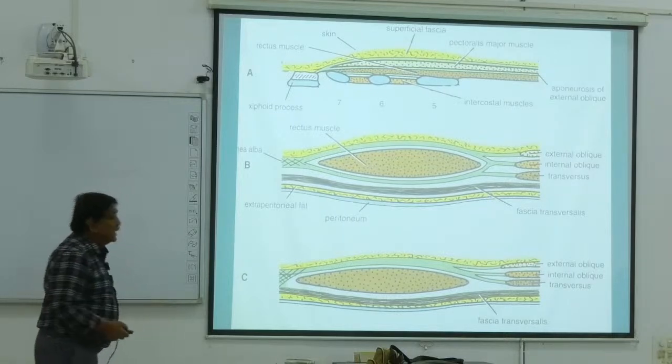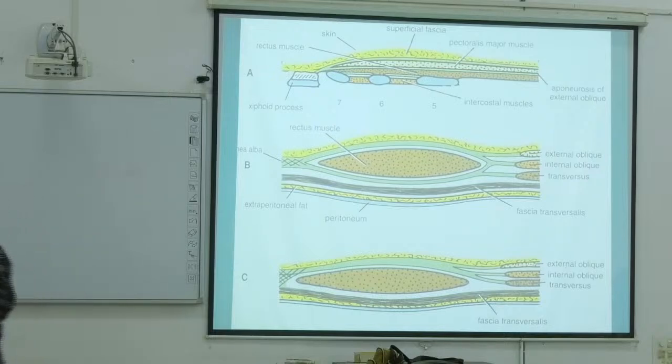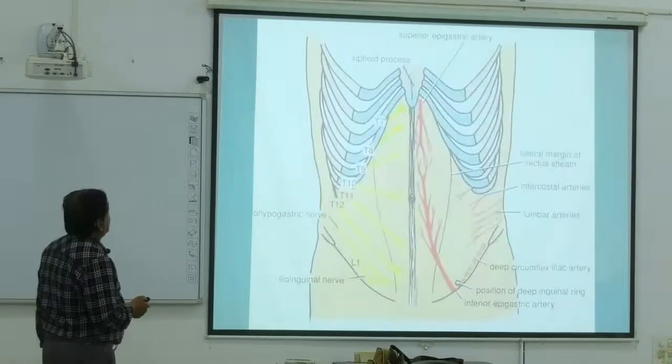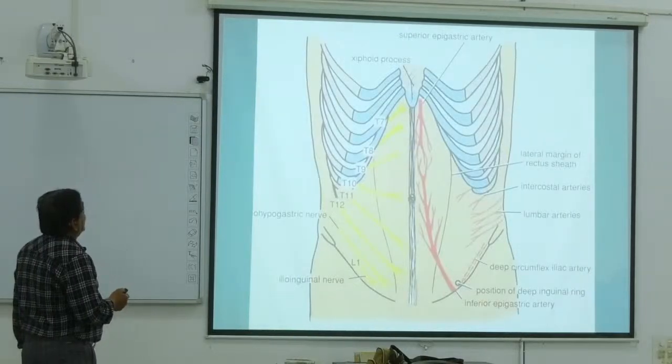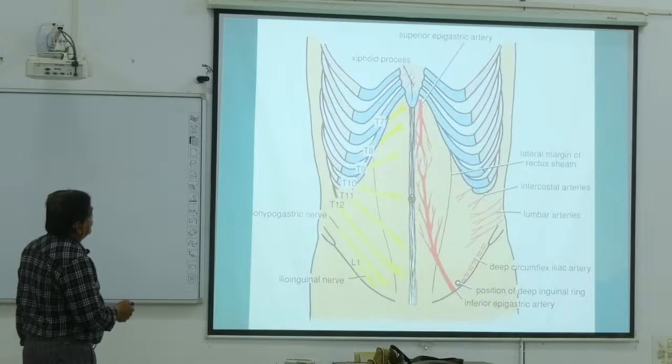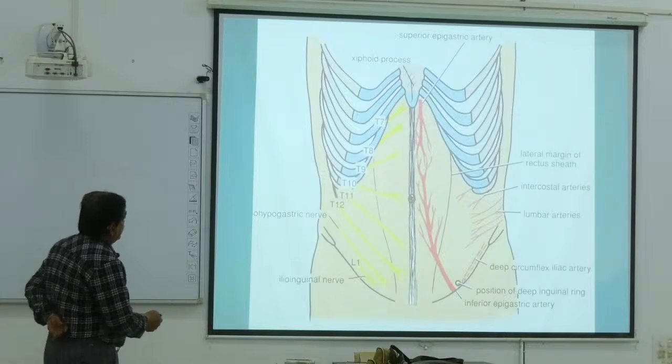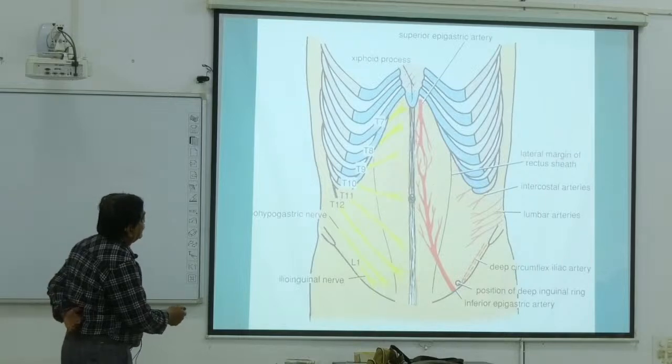Now, what I want to say is that a long question or a 10 marks question is the rectus sheath. The picture is very depictive. Superior epigastric artery, the xiphoid process, and you see the linea alba, this is the umbilicus, and you see the lateral margin of the sheath.